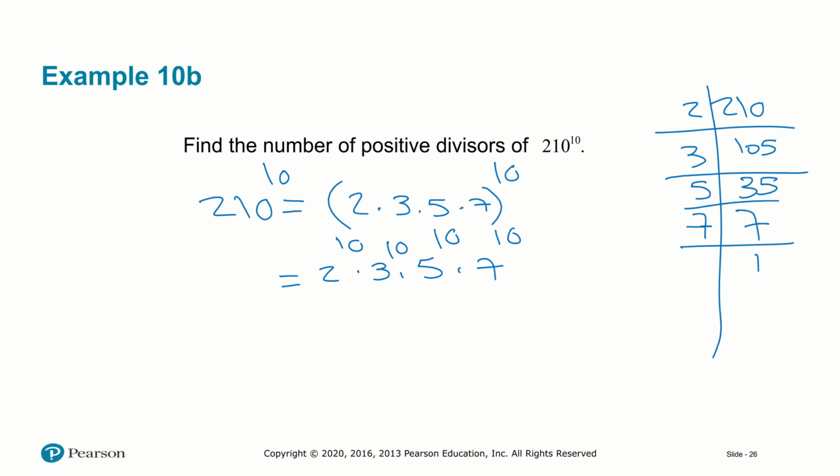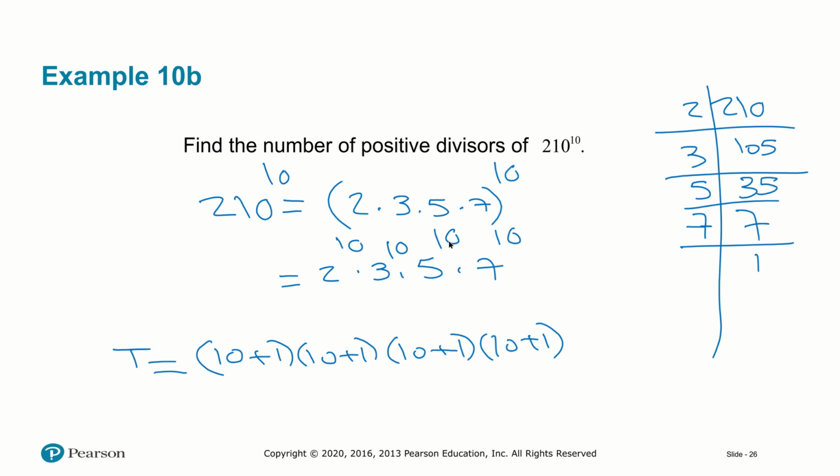So by the fundamental counting principle and the understanding that we have about the number of factors of each of these powers, which is going to be one more than its exponent, the total number of factors is going to be 10 plus 1 times 10 plus 1 times 10 plus 1 times 10 plus 1, right? Because they're each 10. So that's basically 11 to the 4.